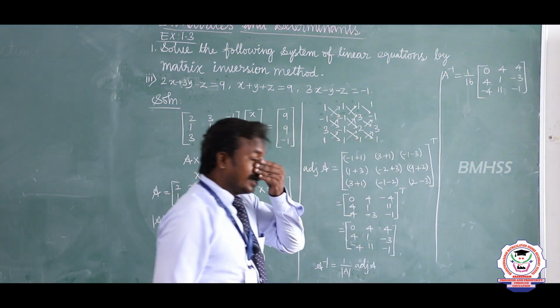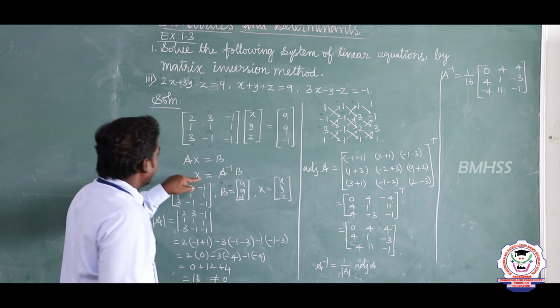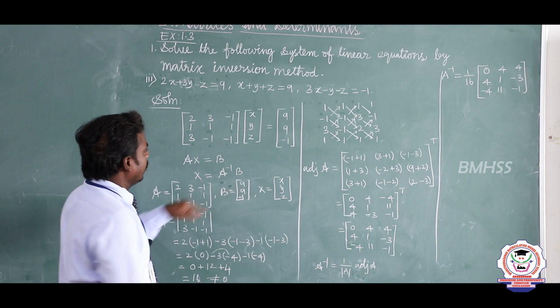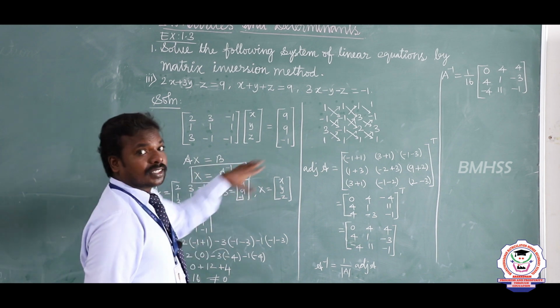Now, I am going to find the X matrix. X is equal to A inverse into B. A inverse is ready.